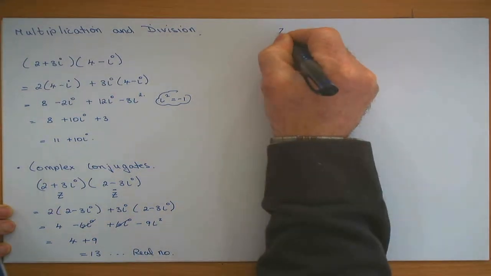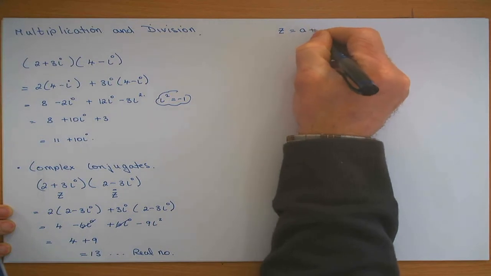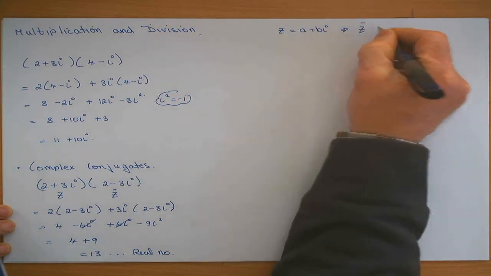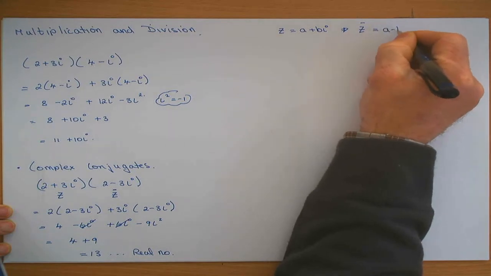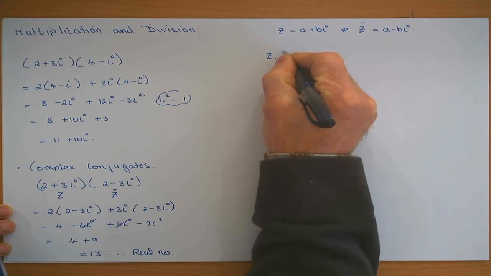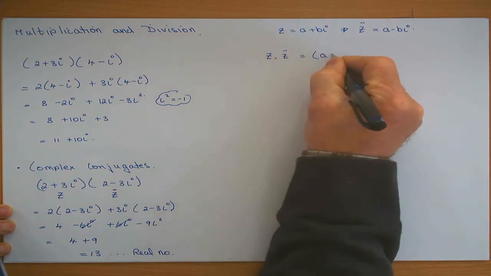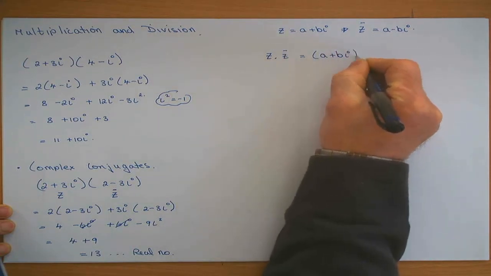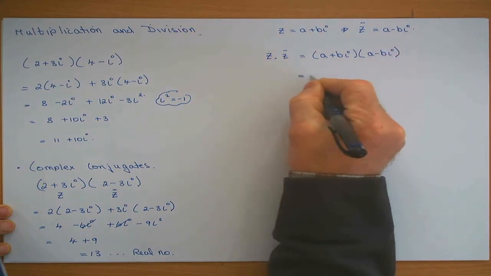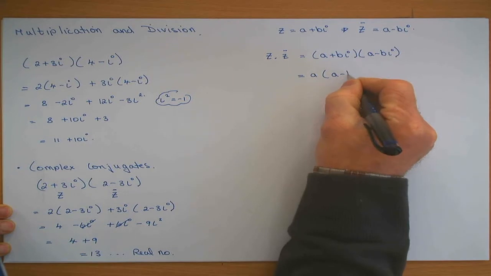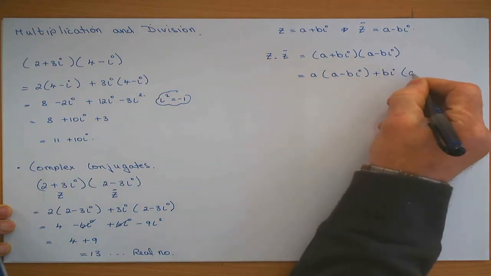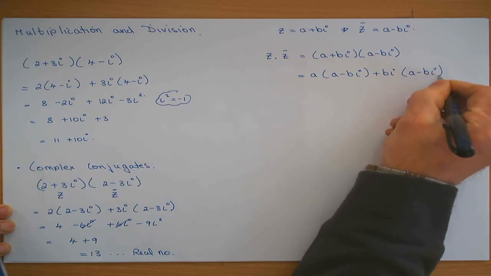Just to prove it, if z is equal to a plus b iota, what would its complex conjugate be? A minus b iota. And what happens if you multiply z by its complex conjugate? Well, it becomes a plus b iota times a minus b iota. To multiply that, it's a by a minus b iota plus b iota times a minus b iota.